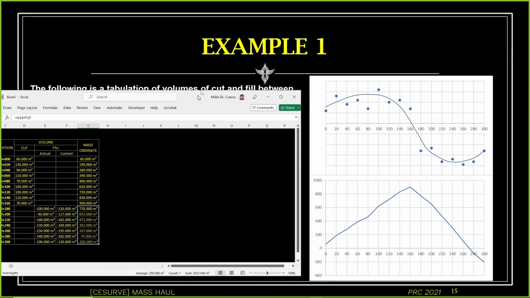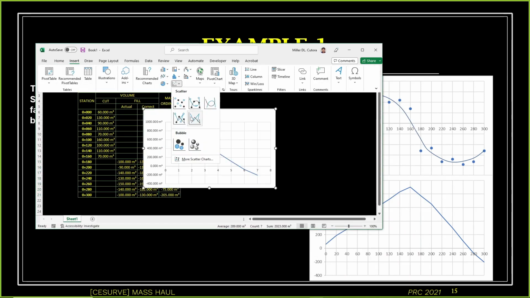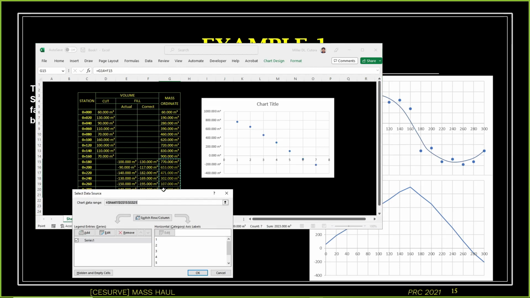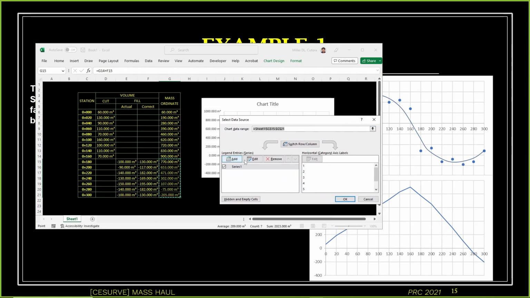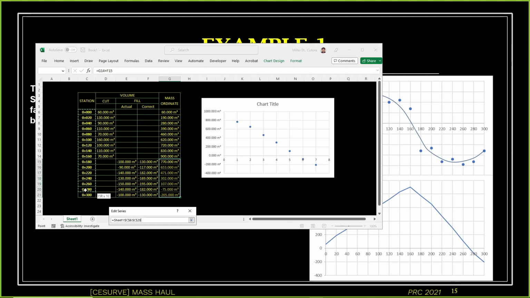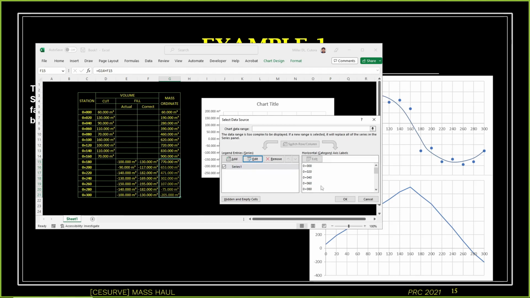So, now we will plot our curve. So, insert, select data.